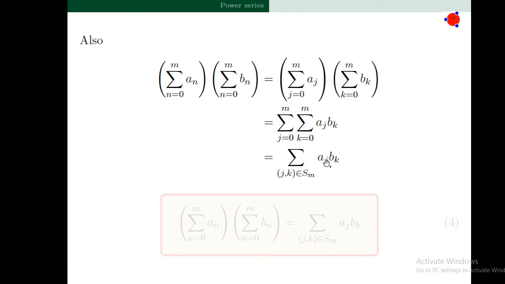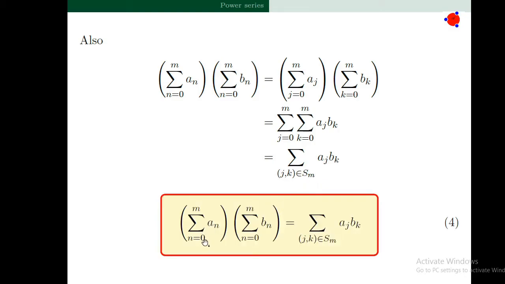But this is summation aj bk, where the summation runs over all lattice points in Sm. Therefore, summation n equal to 0 to m of an into summation n equal to 0 to m of bn can be written as the sum of aj bk with (j,k) in Sm. That is, we are taking the summation with respect to all lattice points in Sm.